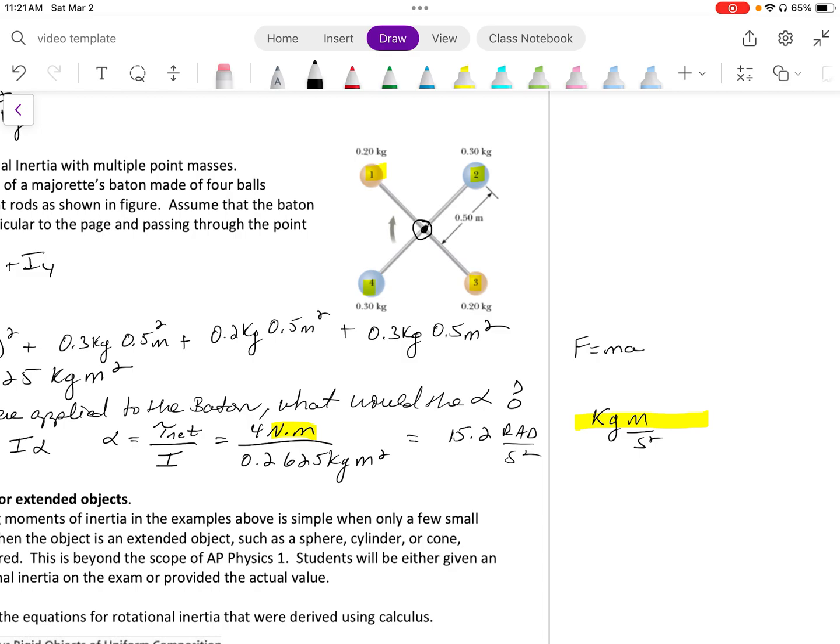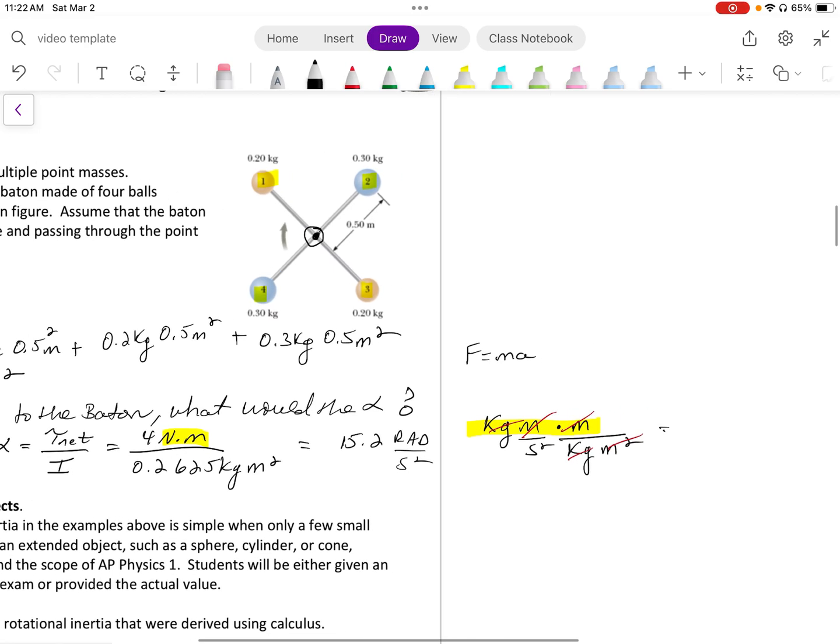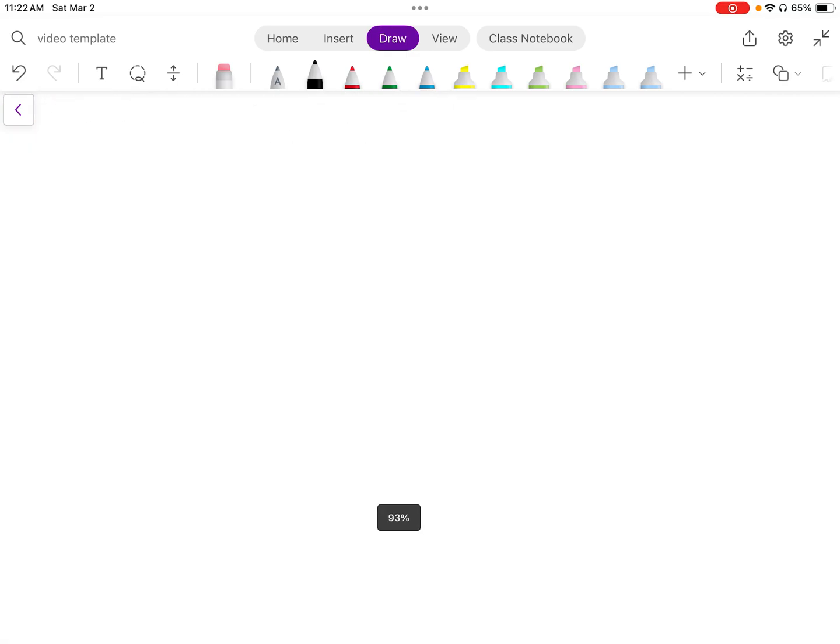There's a kilogram meters per second squared. I still have a meter on top, and then I'm going to divide that by a kilogram meter squared, and you will notice that my meters cancel, my kilograms cancel, and I am left with nothing on top and second squared on bottom. And if you recall, radians are unitless, so we have to fill in radians.